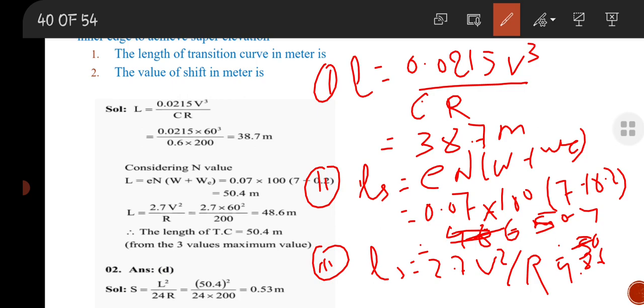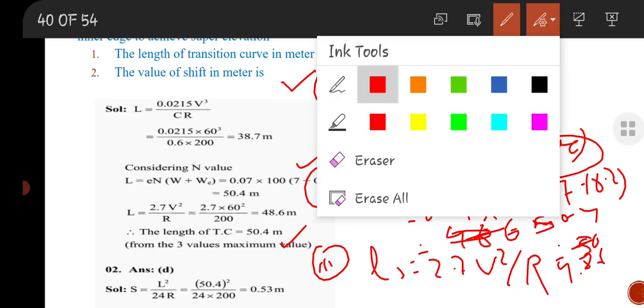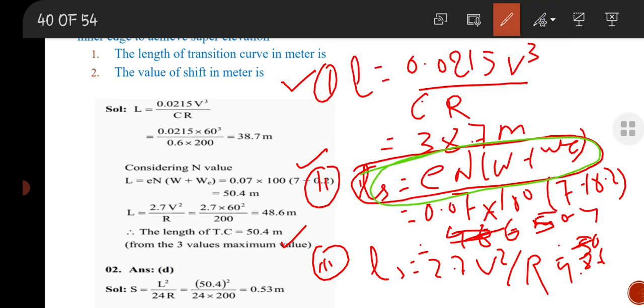As I have earlier said, the length of transition curve will be the largest of the three, that is 50.4 meter, coming from the rate of change of super elevation. Therefore the length of transition curve is taken as 50.4 meter.